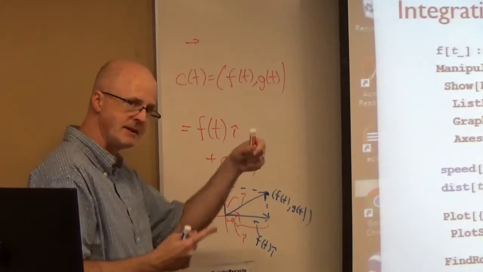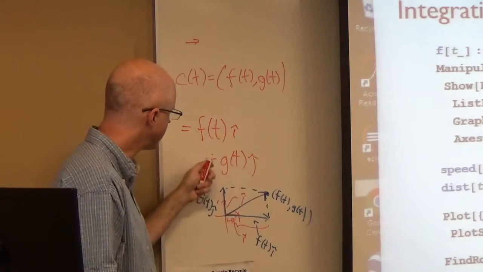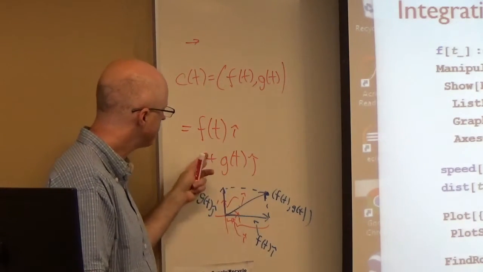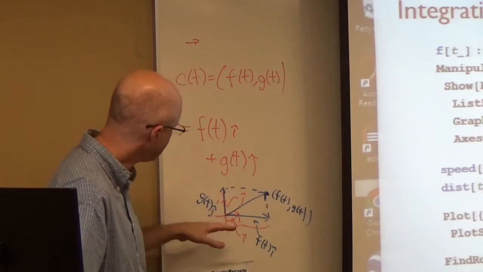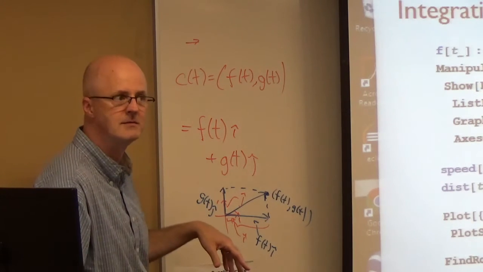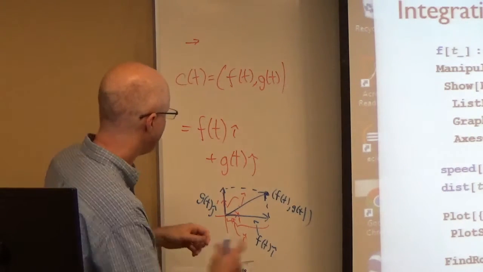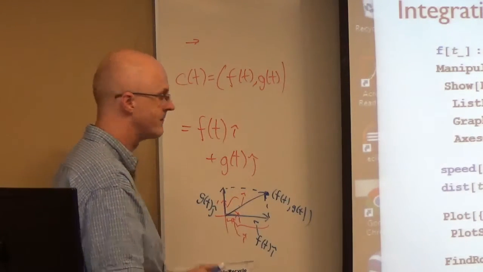But when you're thinking about the position vector and its derivative, which is called the velocity vector, it's better to think of it this way. This way algebraically, this way as a picture. So again, this picture applies when f of t and g of t both have value bigger than 1. Okay, so that i hat and j hat get scaled up by those factors.